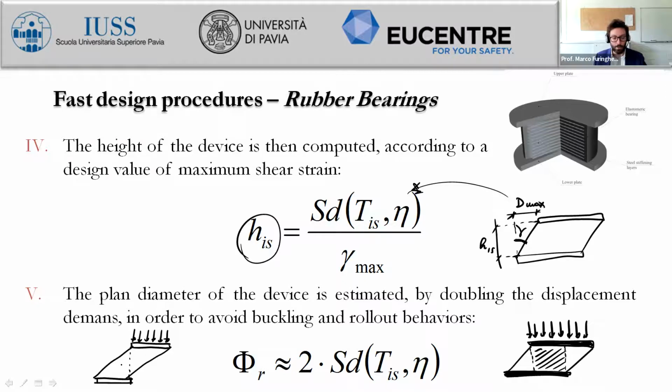So you have the overturning of the device, and you have buckling. The buckling is directly related to the collapse and failure of the device. This means that you are losing the vertical restraint at that location. So this automatically induces the overall collapse of the building, because you are losing the vertical restraint.